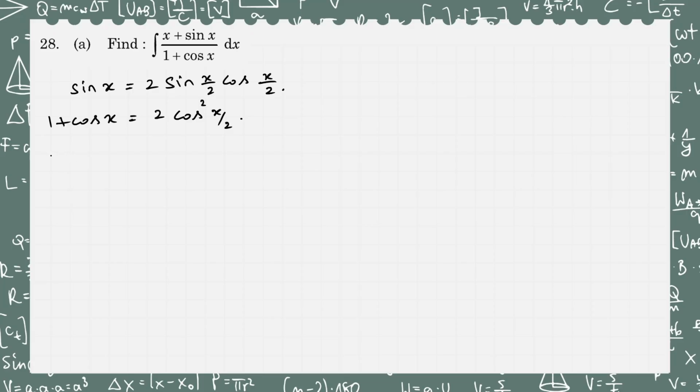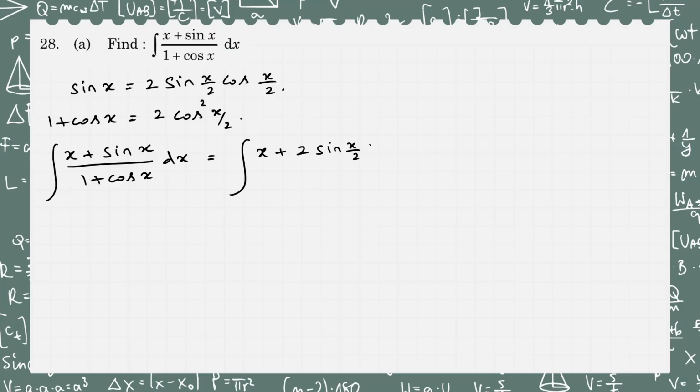So let us take the integral of (x plus sin x) divided by (1 plus cos x) dx, which is equal to x plus the value of sin x, 2 sin x by 2 cos x by 2, divided by 2 cos square x by 2.